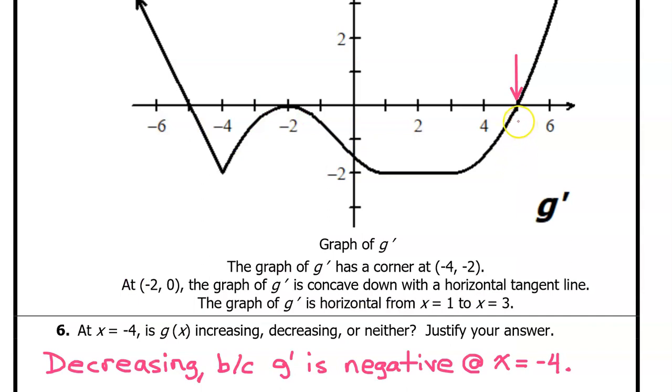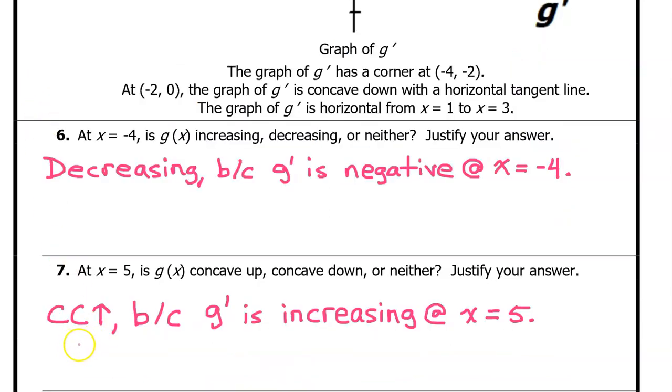At x equals 5, we see that g prime is increasing. Therefore, g is concave up. Pause the video and see if you can write the correct justification. You should have written concave up because g prime is increasing at x equals 5. And this is really the only acceptable justification.